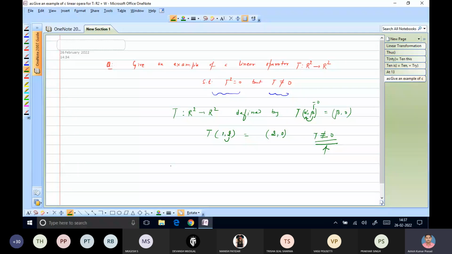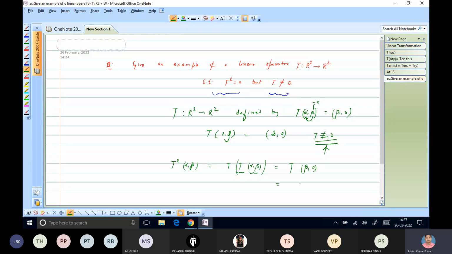But what happens if I say T square of any element, let it be alpha beta? T square of alpha beta, I can write it as T of T alpha beta. So when T operates on alpha beta, I will get beta in the first position, second coordinate 0.